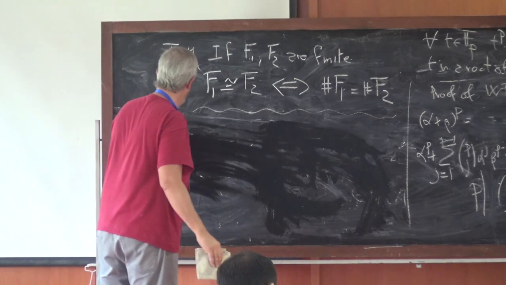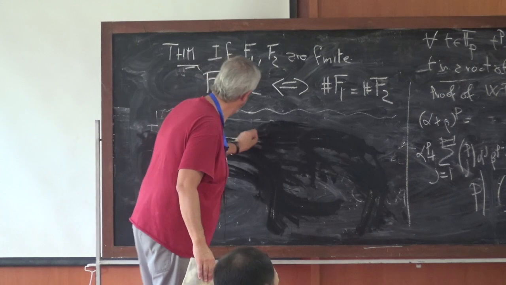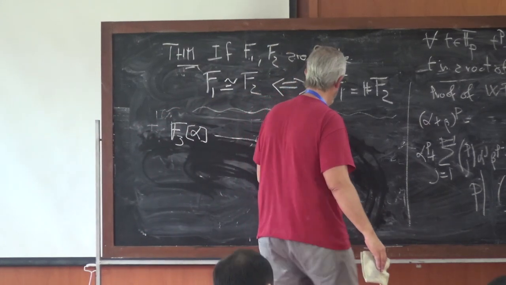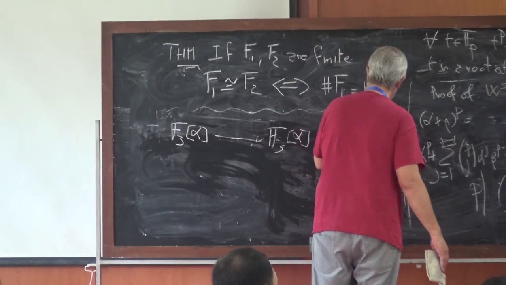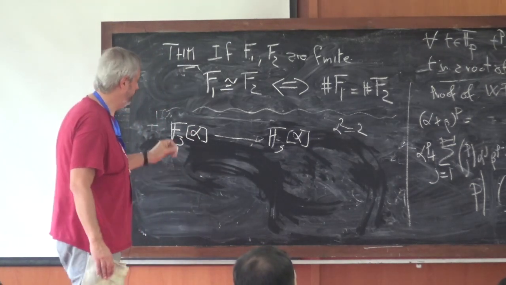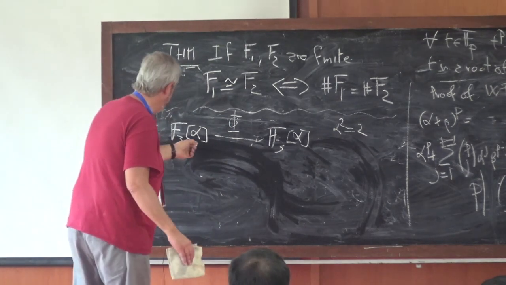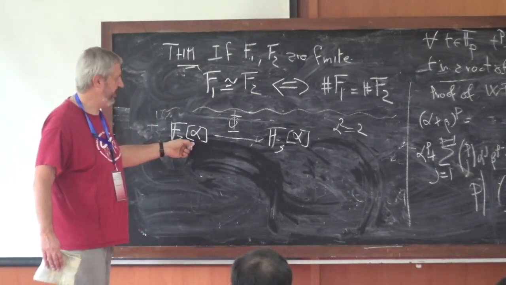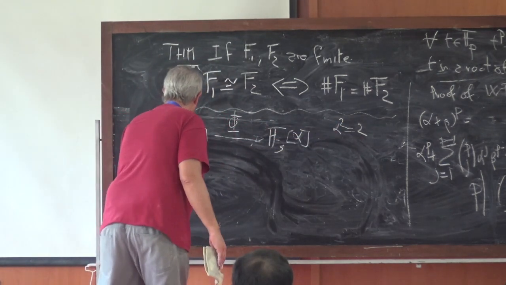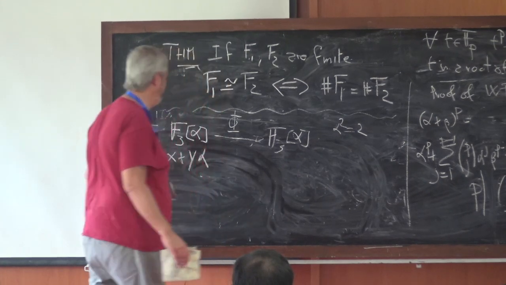So we have F3 of alpha. I want to go into F3 of alpha. So alpha squared, let's not forget, is 2. And so every element here, since I'm studying the Frobenius, is a polynomial of degree at most 1 in alpha. So every element here can be written as x plus y alpha.